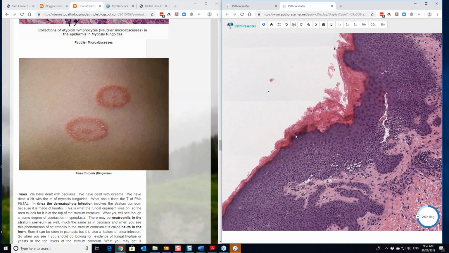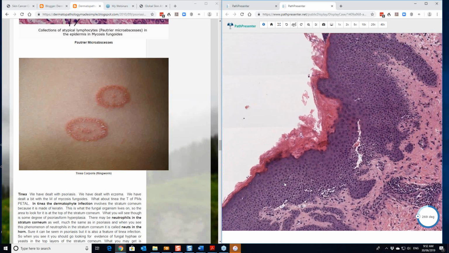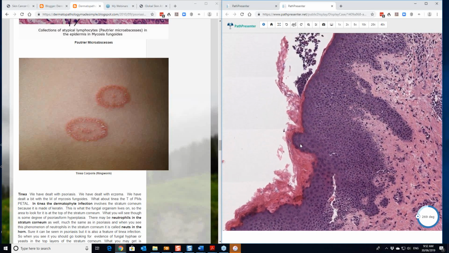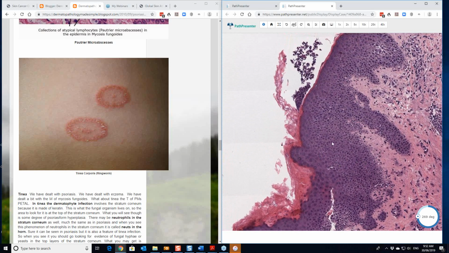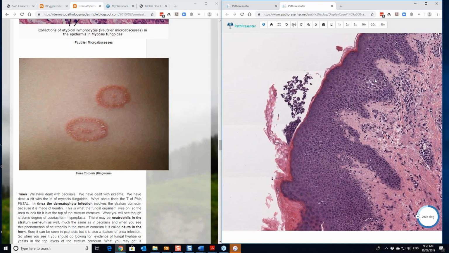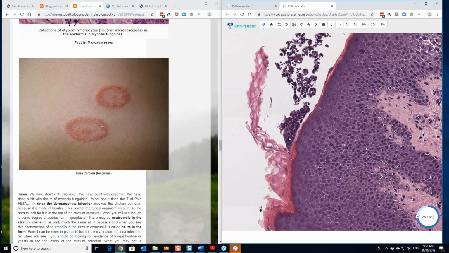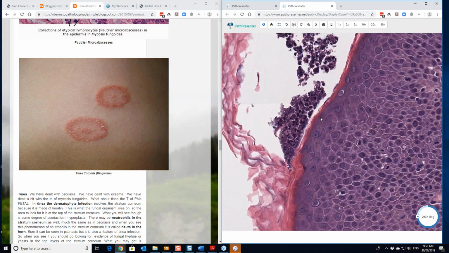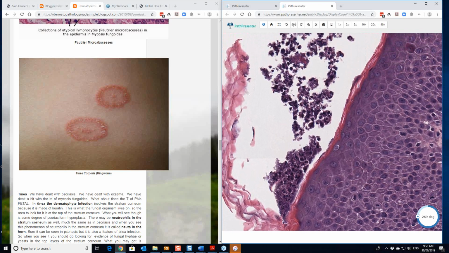But it's not a parakeratotic picture you're seeing. You look at this acanthosis, you can see some separation of the cells here. There's mild spongiosis, not much, a little bit more here. But then you look here, there's your stratum corneum, and then you've got this little collection of cells under here. And there's neutrophils here.